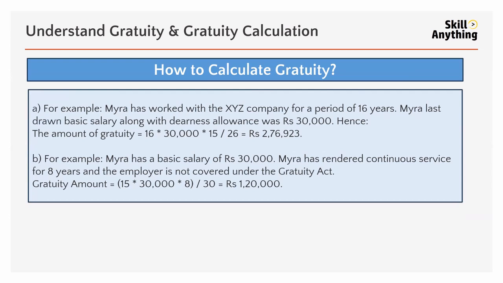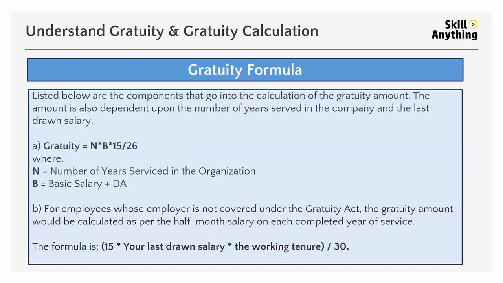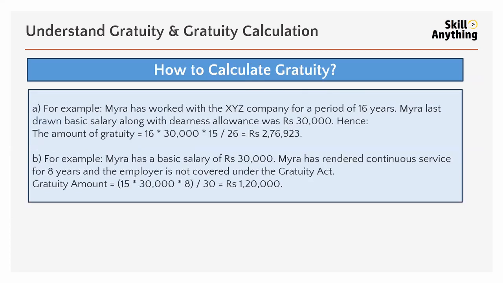So let's see the first formula: gratuity equals N into B into 15 divided by 26. For example, Myra has worked with XYZ company for a period of 16 years, and Myra's last drawn salary along with the DA allowance was 30,000.